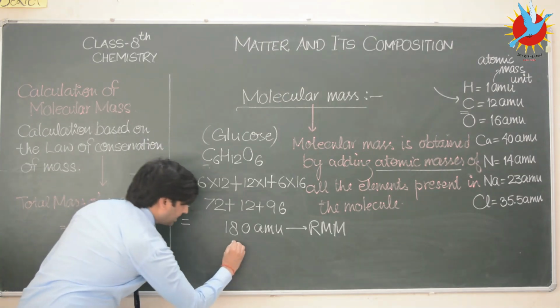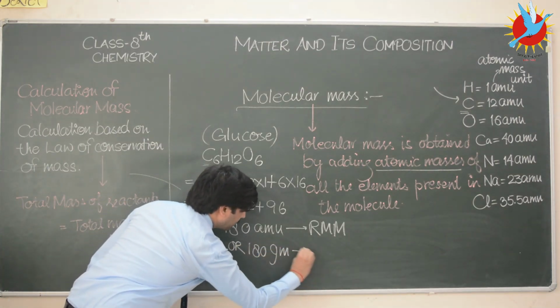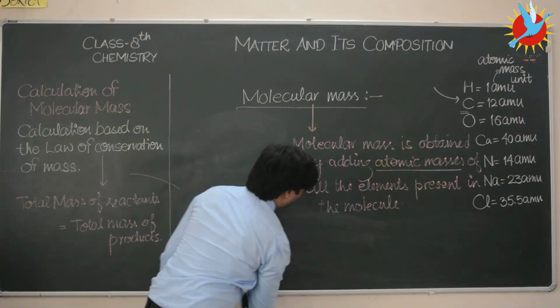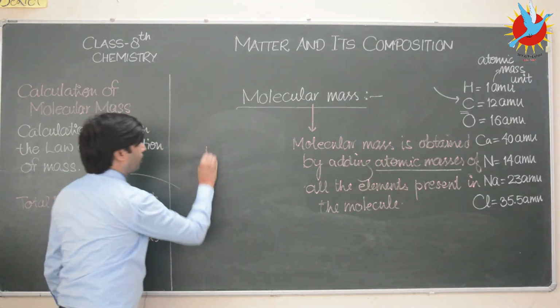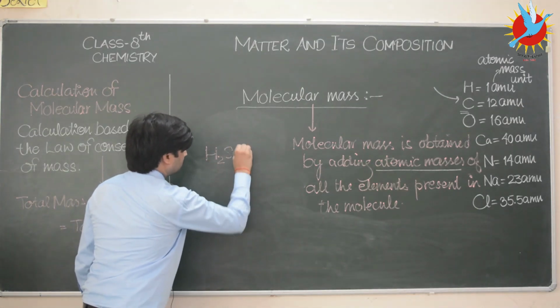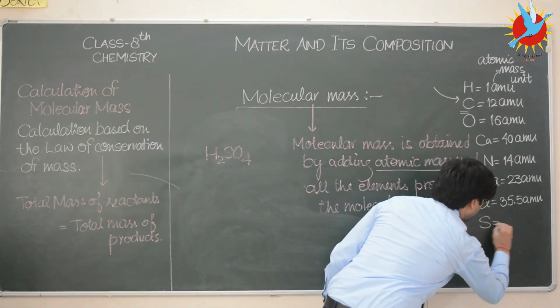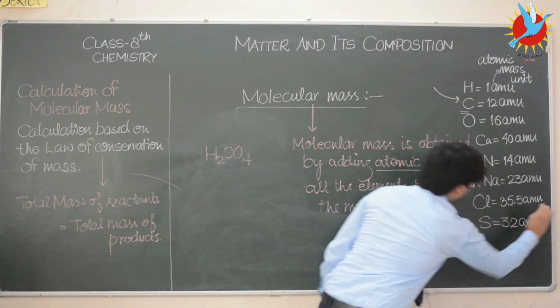If we write it in gram, then this particular molecular mass is known as gram molecular mass. Now we are going to calculate the molecular mass of H2SO4, the compound sulfuric acid. Before this, we have to keep in mind sulfur has the atomic mass equal to 32 AMU.